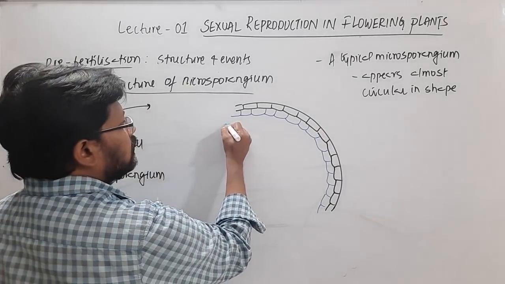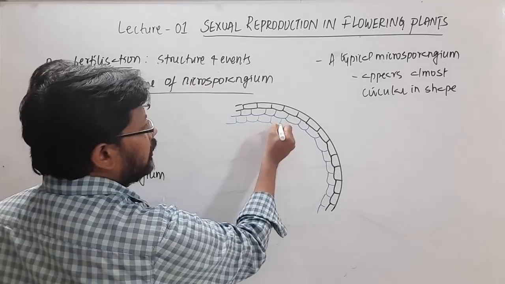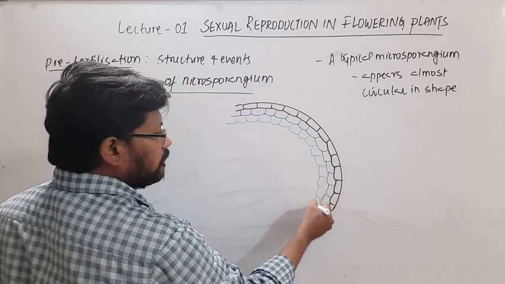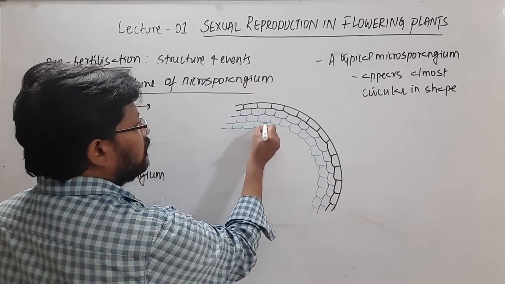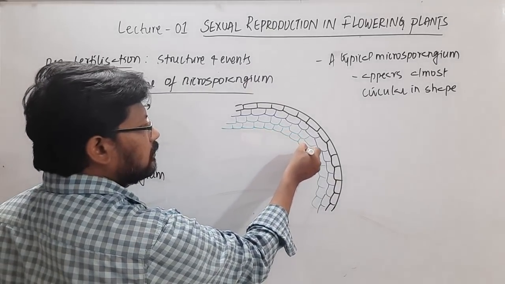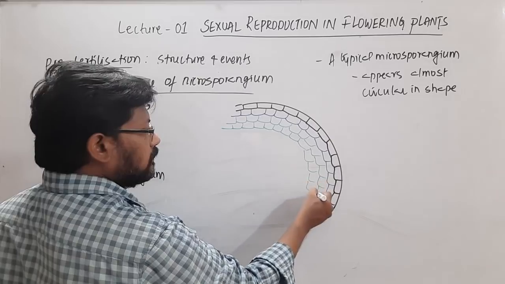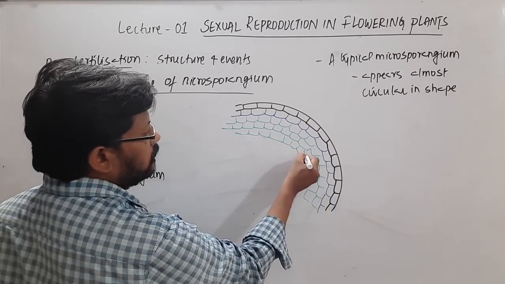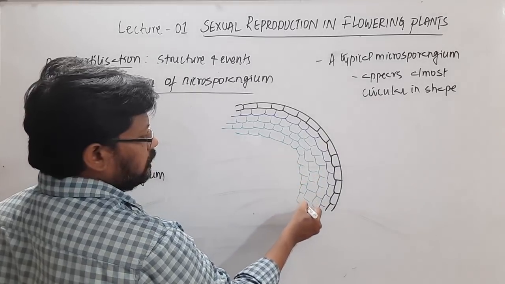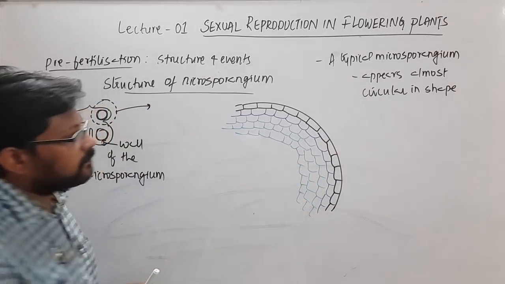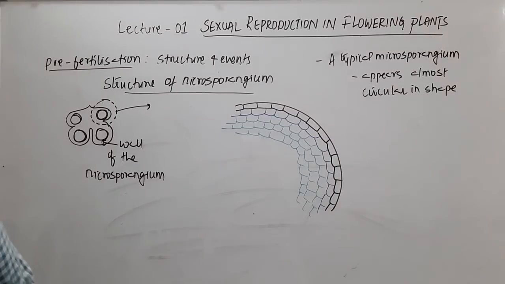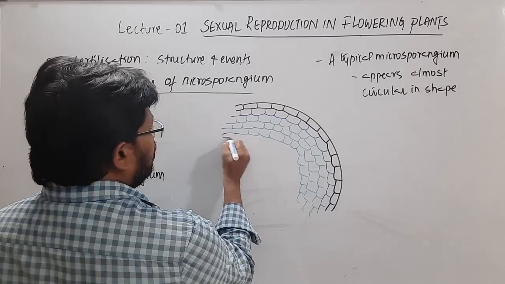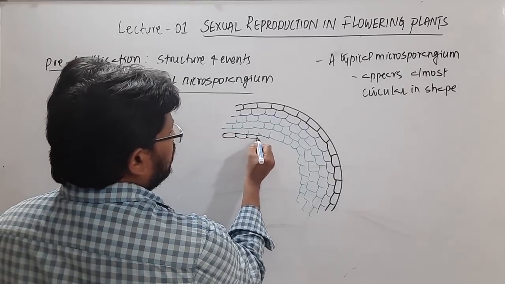Below the endothecium layer we find the middle layers. These middle layers may be one, two or three layered. And the innermost layer is the tapetum.